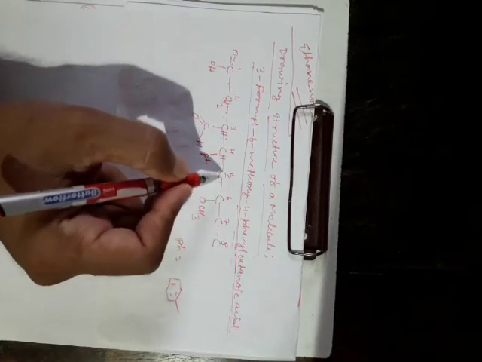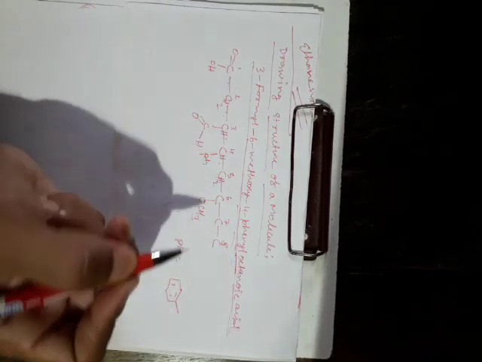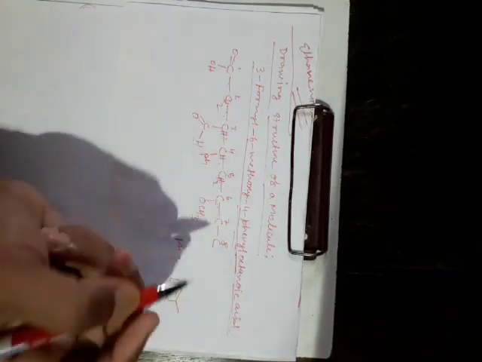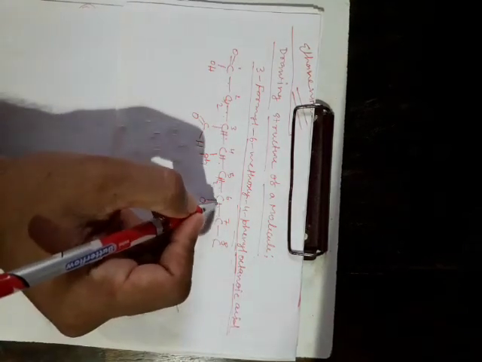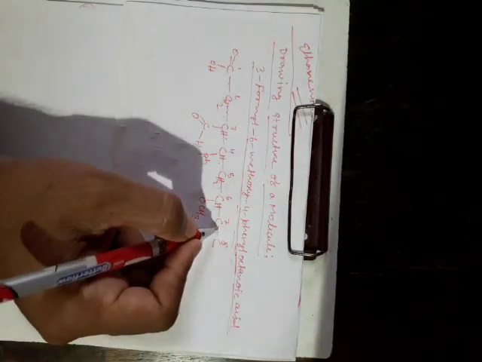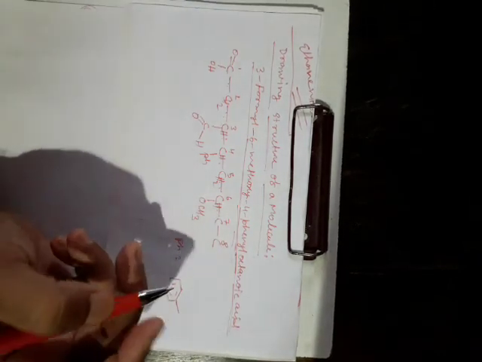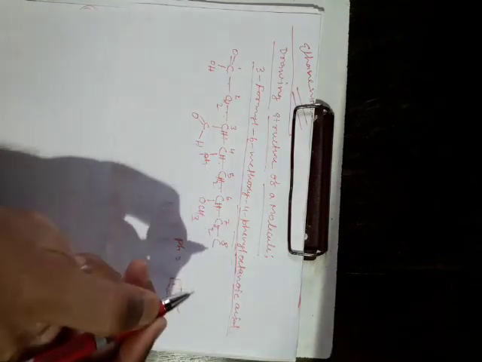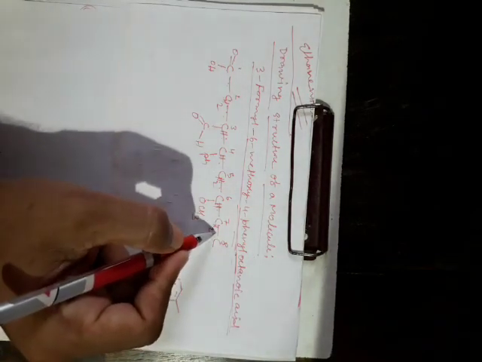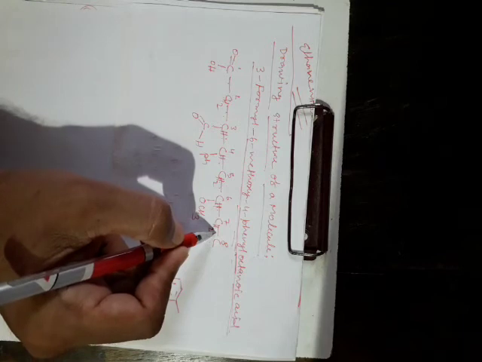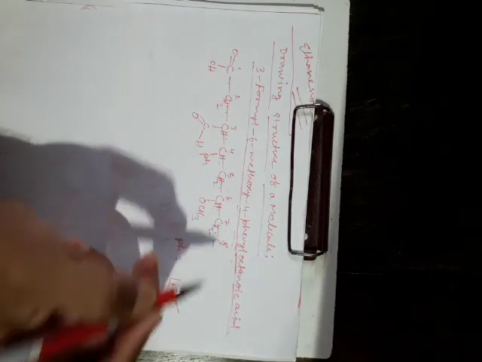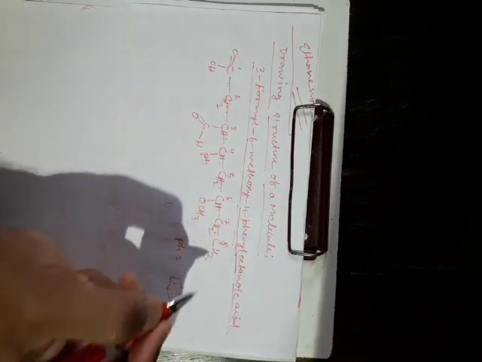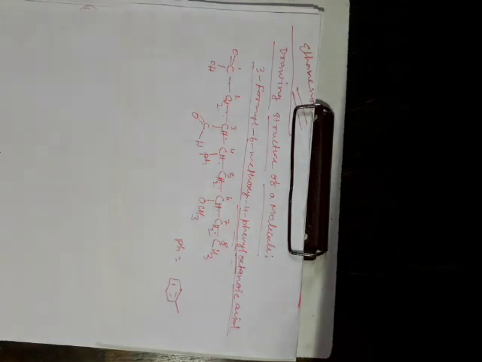This carbon has 2 valencies, so 2 hydrogen atoms are required. This carbon atom has 3 valencies, so 1 hydrogen is added. This carbon atom has 2 valencies, so in order to complete the tetravalency, it requires 2 hydrogen atoms. This carbon atom has only 1 valency, so 3 hydrogen atoms should be added to complete the tetravalency of carbon number 8.